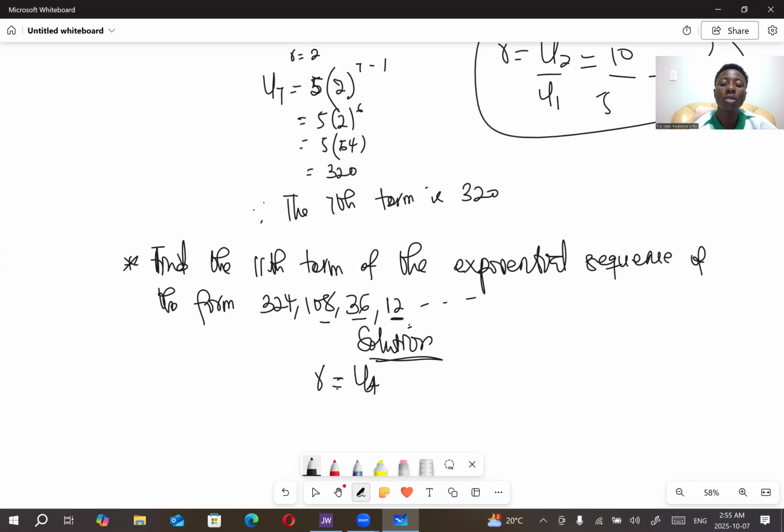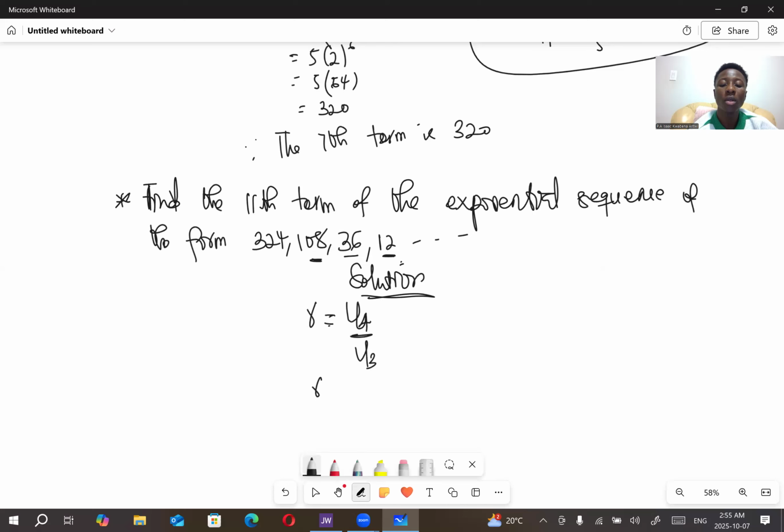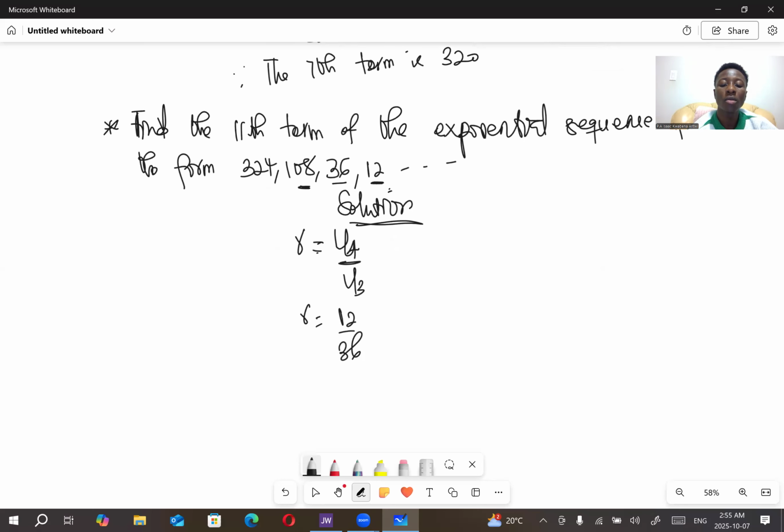Or you can do U2 over U1. I would choose, I just want to create diversity, 12 on 36. So R is equal to 12 on 36. Yeah, it's 1 on 3.